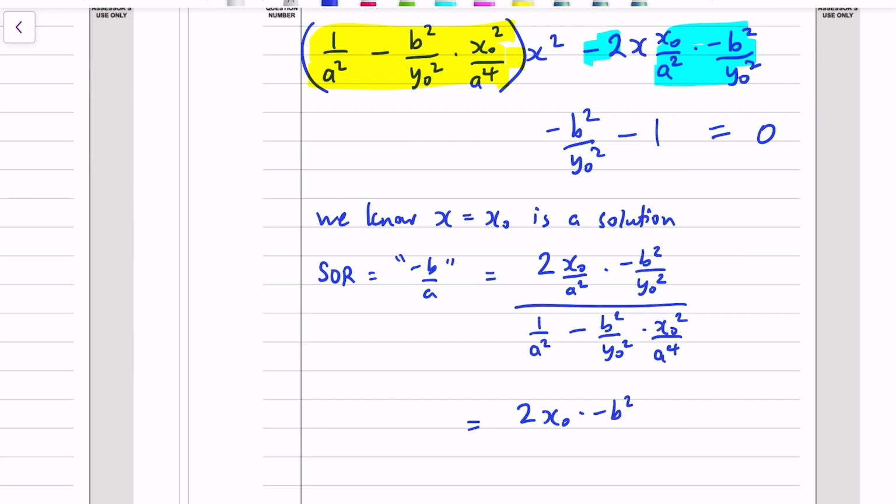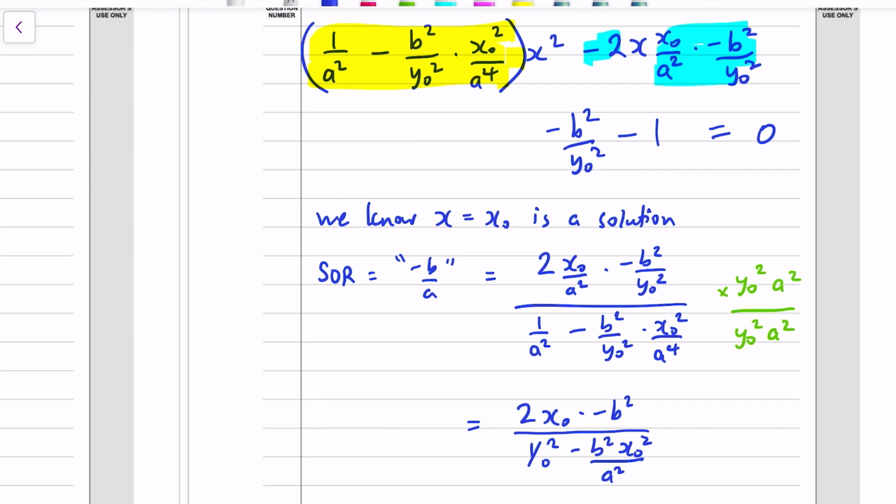I'll also times by y naught squared while I'm at it. It's times by y naught squared at the top and a squared, top and bottom. Getting rid of fractions. So 2x naught times minus b squared all over y naught squared minus b squared x naught squared all over a squared. Didn't get rid of all the fractions, it's annoying.